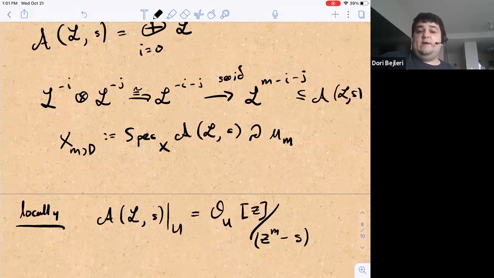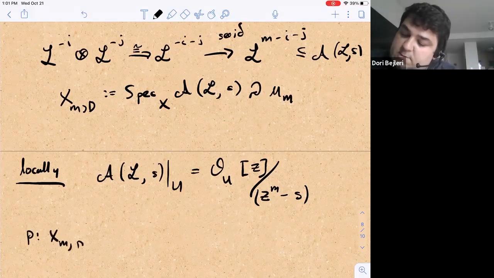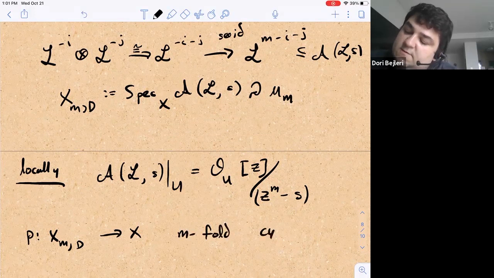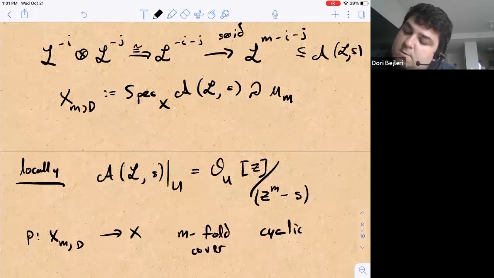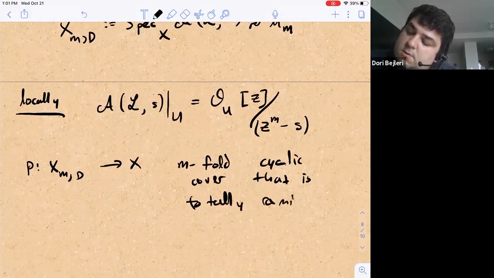And it's totally ramified because it's Z to the M equals S. So the upshot is that this map is an M-fold cyclic cover that is totally ramified over D.